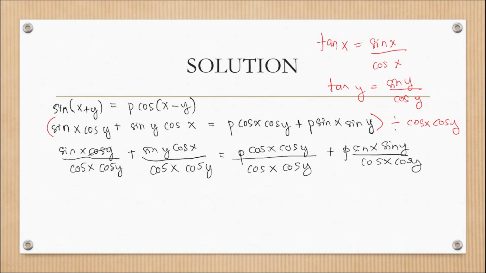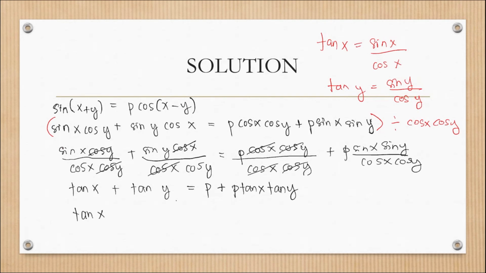And then we are going to simplify. Cos y per cos y cancel out. Cos x and cos x cancel out. And then from here, we have sin x per cos x is tangent x. Sin y per cos y is tangent y, equals p plus p tangent x tangent y.